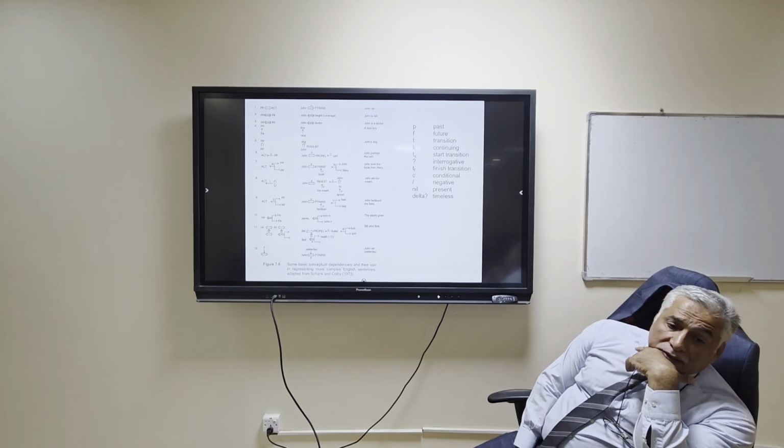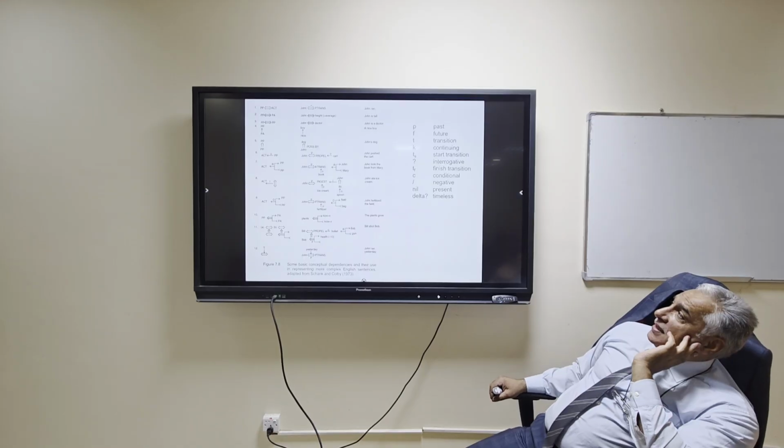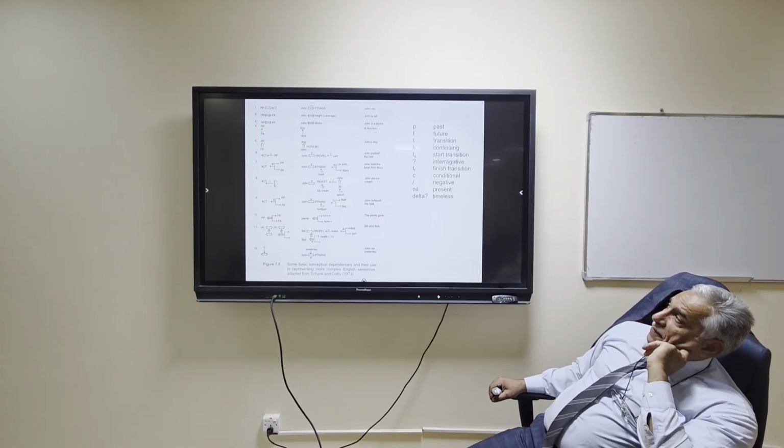Now we will use symbols. For example, the symbol P represents past time, and F future time.